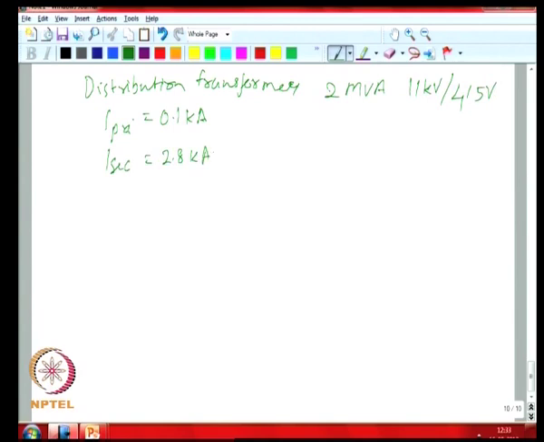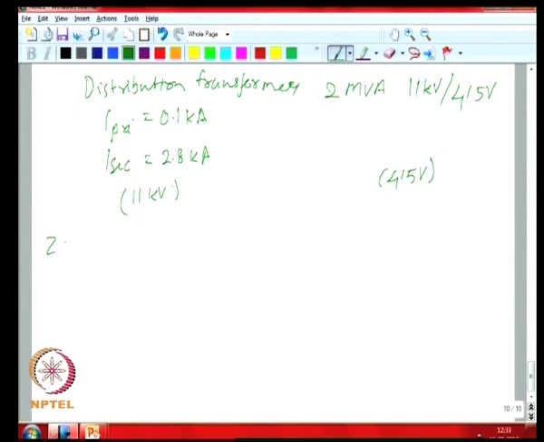Okay. So, if you look at then your base quantities for this particular transformer, it depends on whether you are looking at it from your 11 kV side or whether you are looking at it from your 415 volt side.